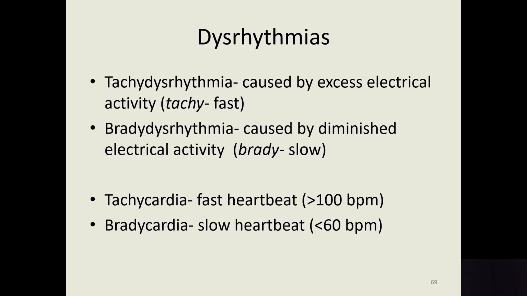These are kind of fluid in their terminology. If we're talking about bradycardia, usually we say 60 beats per minute, but only if it's symptomatic. If they're at 60 beats per minute but not having any symptoms, it's probably fine. But if they're at 50 beats per minute and they're short of breath, then it's really a bradycardia.